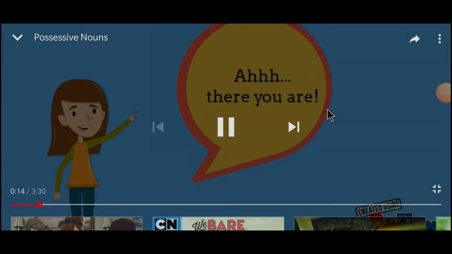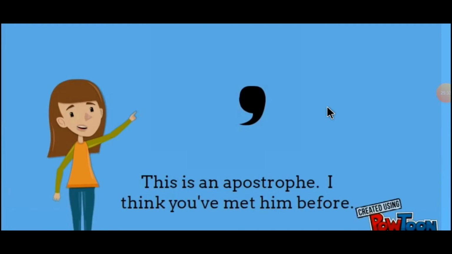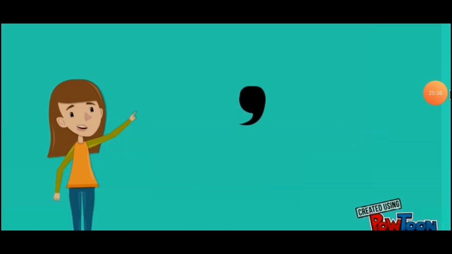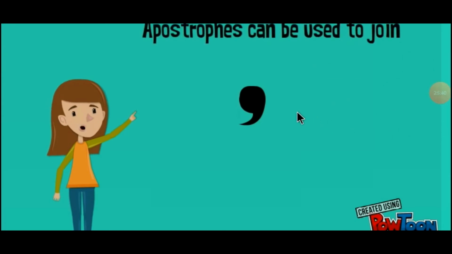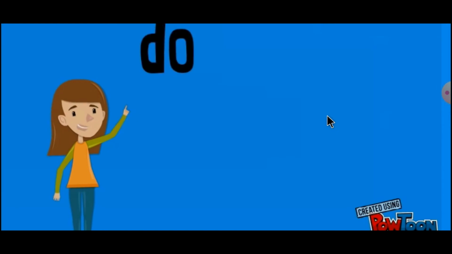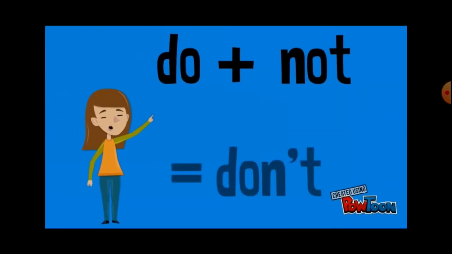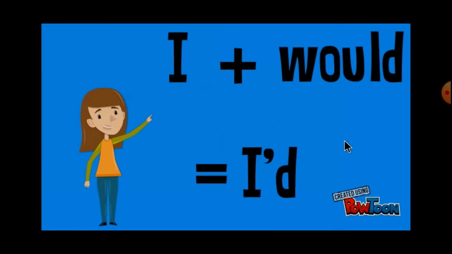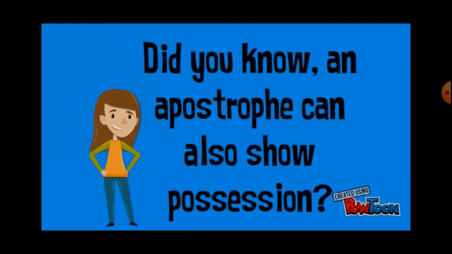There you are. This is an apostrophe. I think you've met him before. Apostrophes can be used to join two words together. Do plus not equals don't. I plus would equals I'd. But did you know an apostrophe can also show possession?